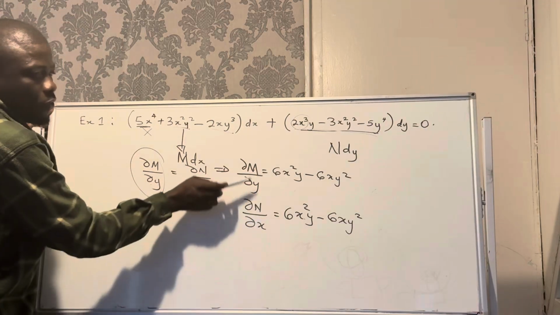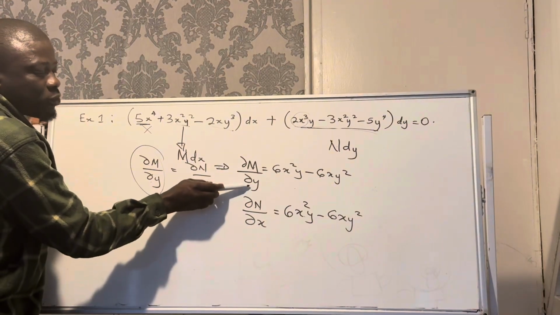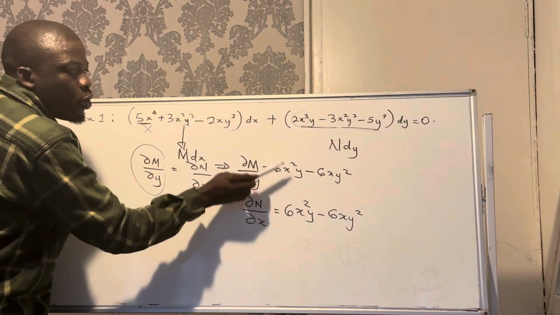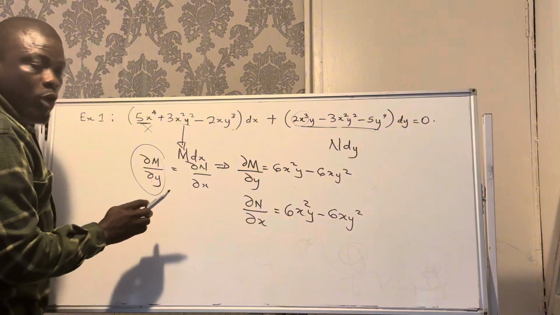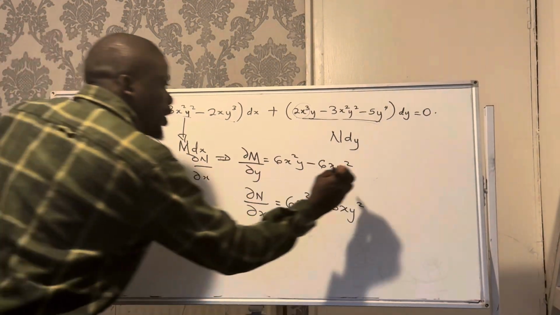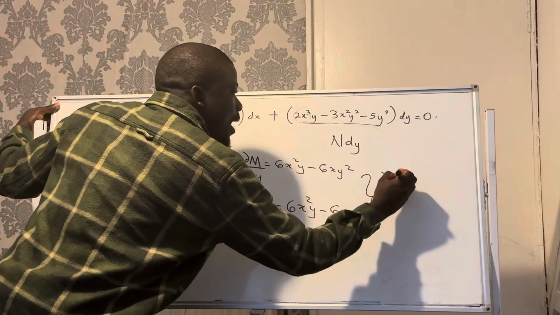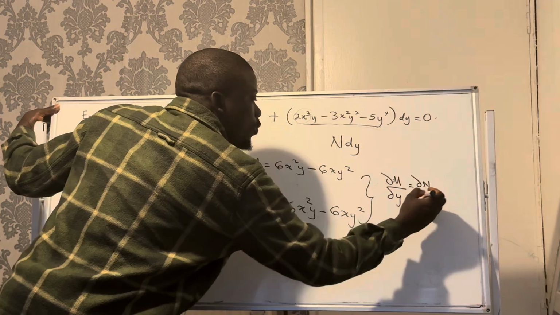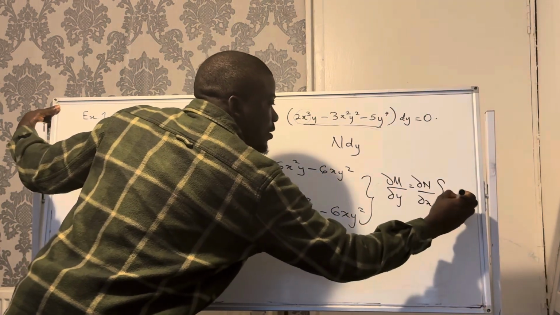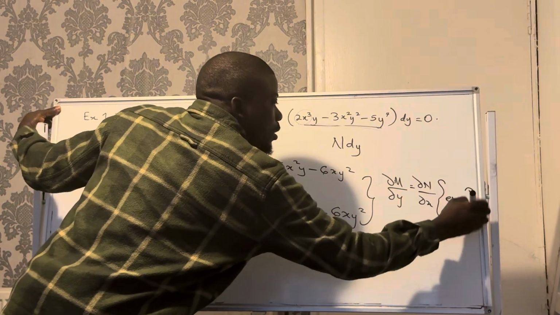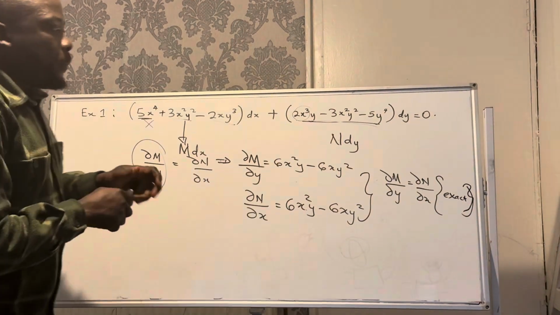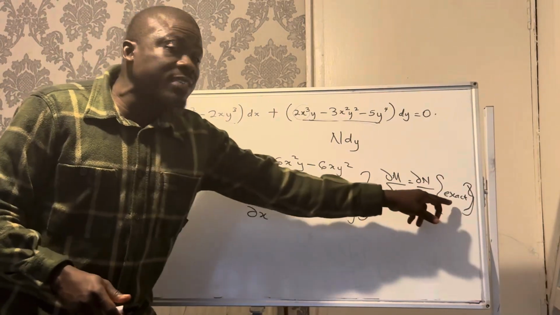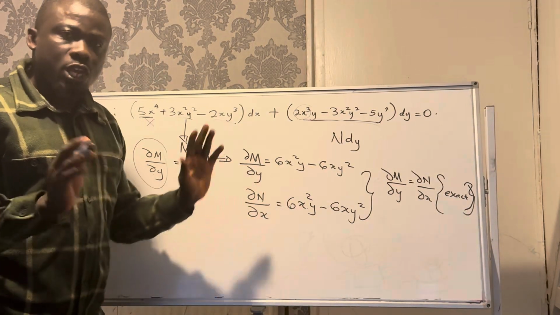From the partial differentiation of M with respect to y and of N with respect to x, you can see that the two results are equal. So in that case, we say partial M over partial y equals partial N over partial x, and it is exact, because the values are equal.